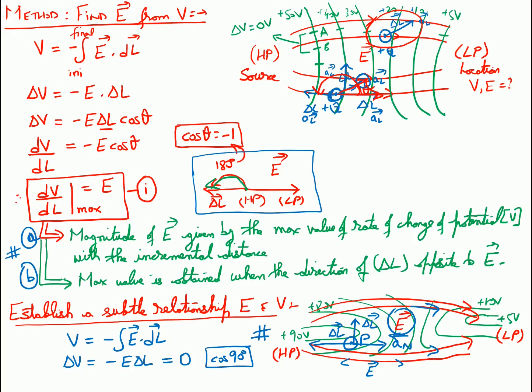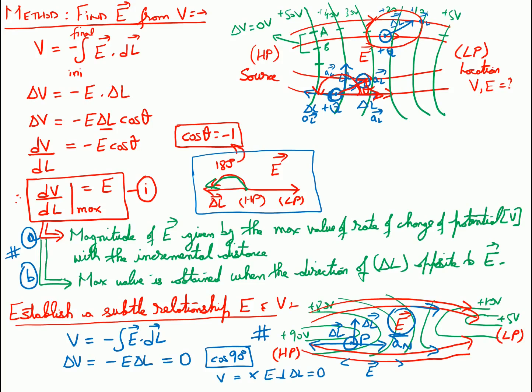So this means that E and delta L cannot be perpendicular. This is another observation: E and L cannot be taken as perpendicular because this will result in the potential being 0, and this is not what we want. We want the potential to exist.